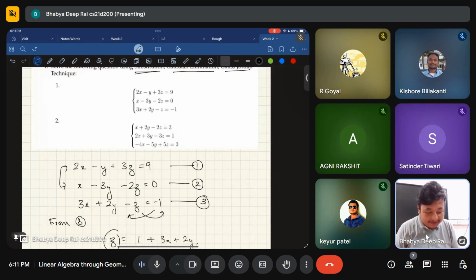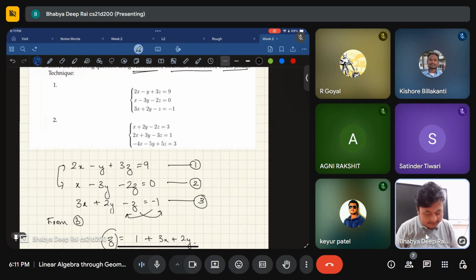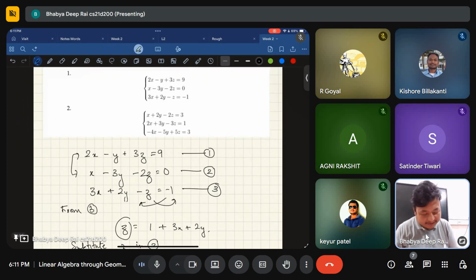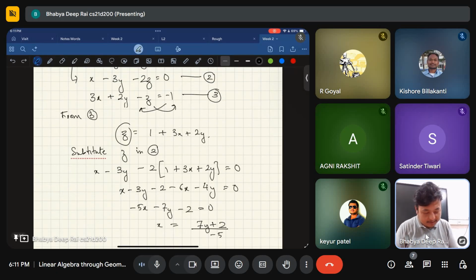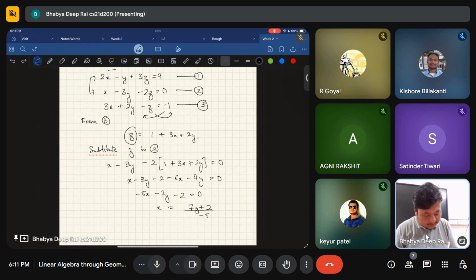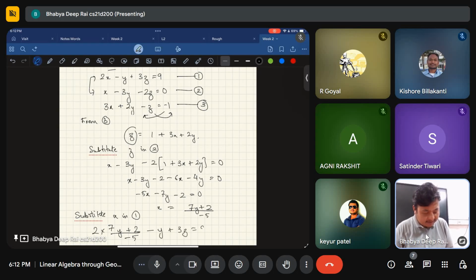And finally I substitute the value of x into the first equation. So substitute x in 1. Then what do I have? Then I have 7y plus 2 divided by minus 5, 2 times this, minus y plus 3z equals 9.